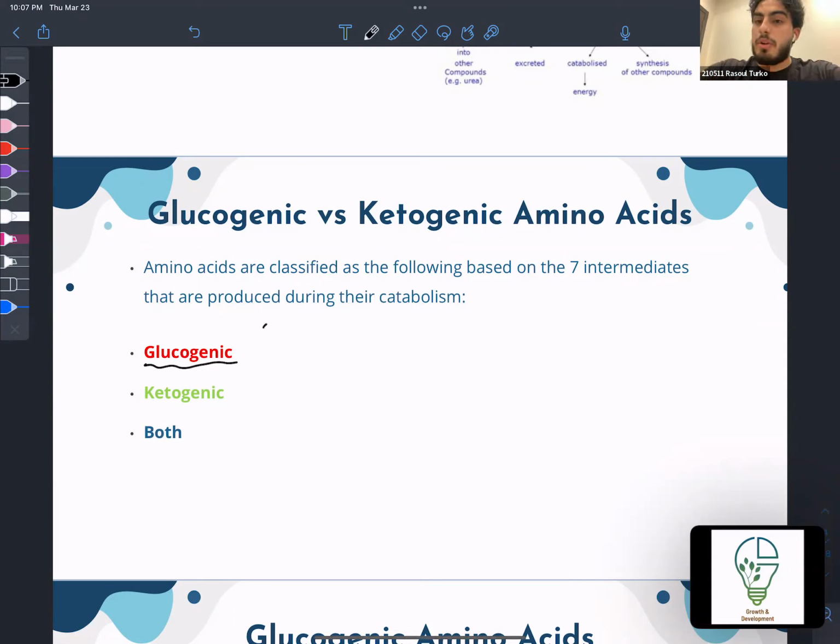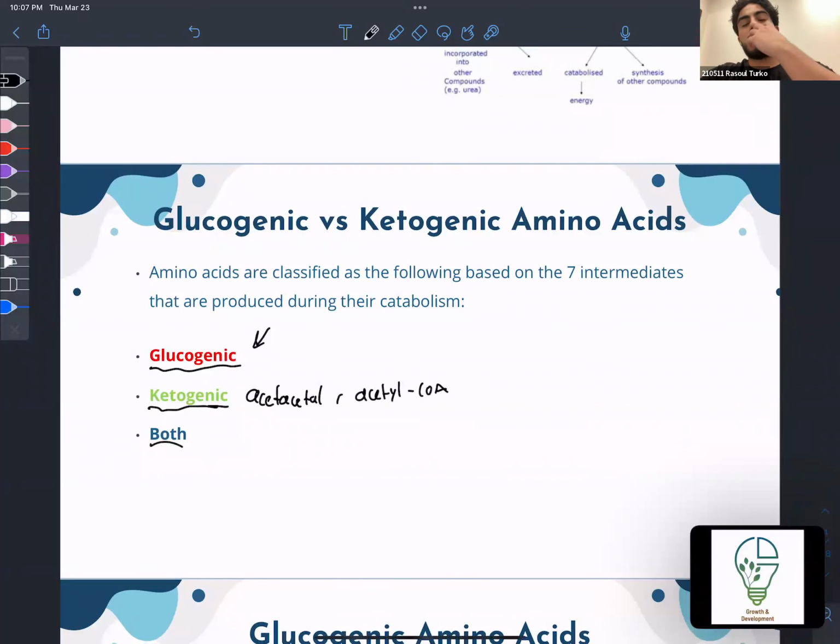That's what makes an amino acid glucogenic. A ketogenic amino acid gets broken down into acetyl-CoA or its precursors, which is acetate or acetyl-CoA. Or it can be both: an amino acid that gives us both a TCA cycle substrate and acetate or acetyl-CoA.